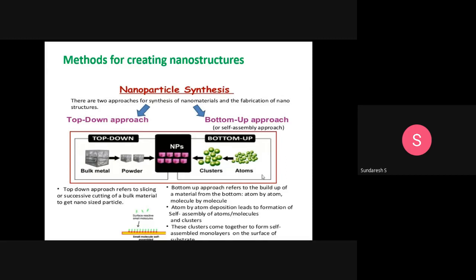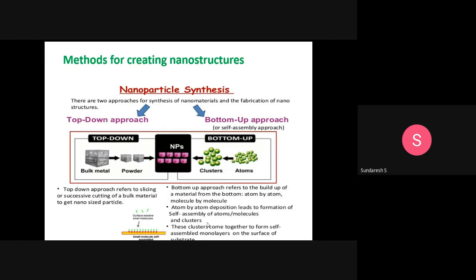Atom by atom deposition leads to the formation of a self-assembly of atoms, molecules and clusters. As we discussed in the previous slides in the morning, the atoms start bonding together of their own accord.